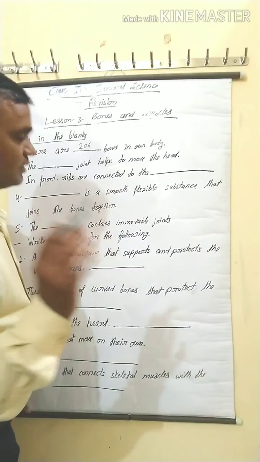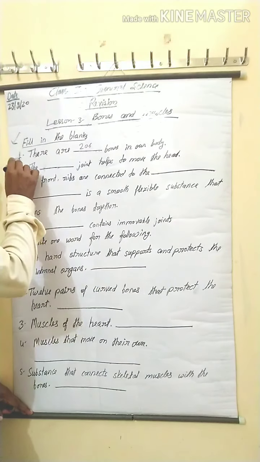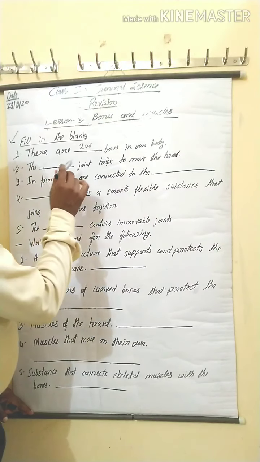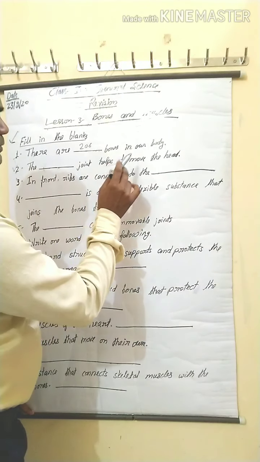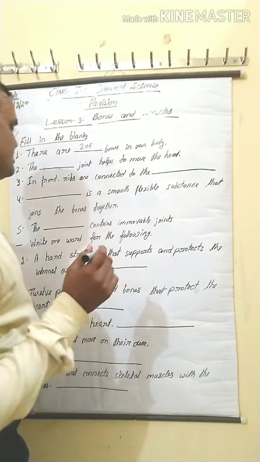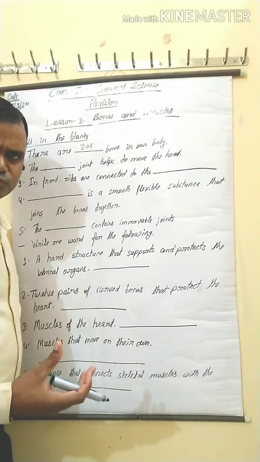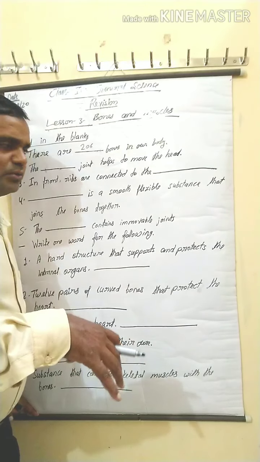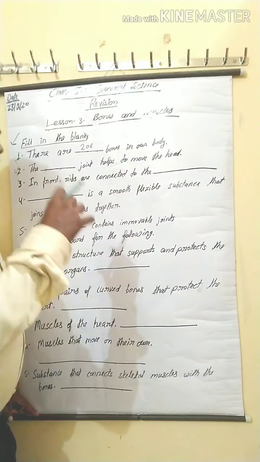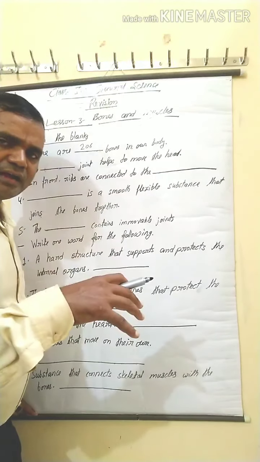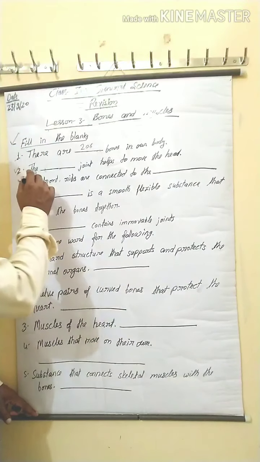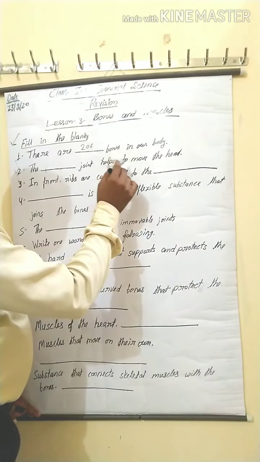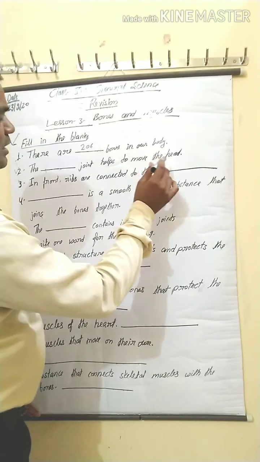There are 206 bones in our body. Clear? Next, the blank space joint helps to move the head. Which type of joint is found in the head? The joint that helps to move the head.